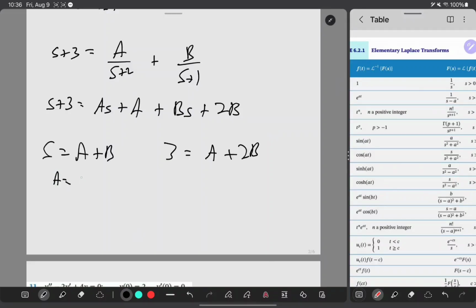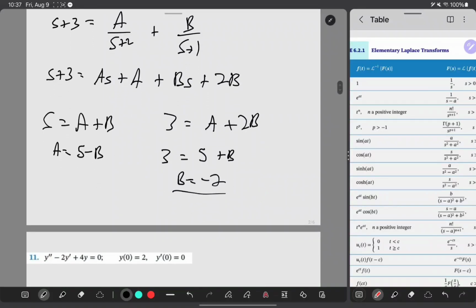A is equal to 5 minus B. So 3 is equal to 5 plus B. So B is equal to negative 2. If B is negative 2, A is 7.